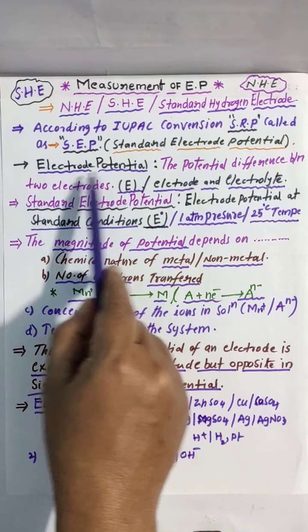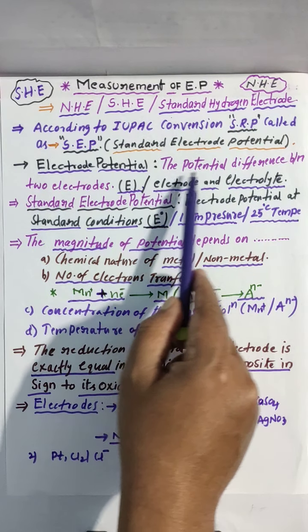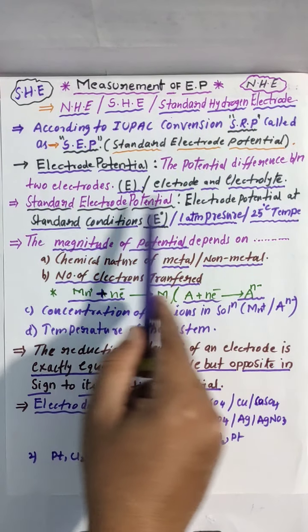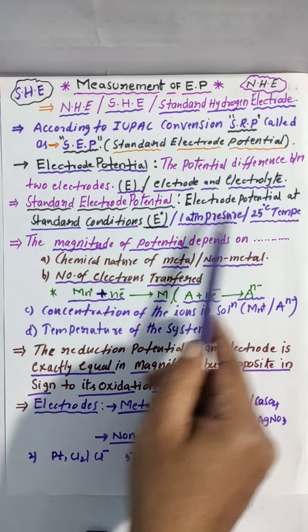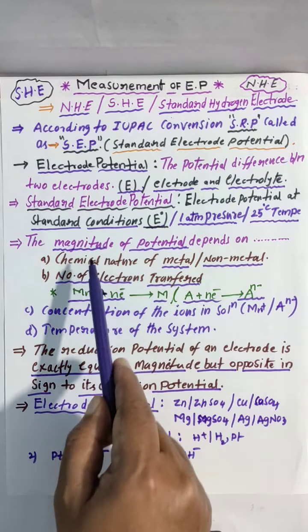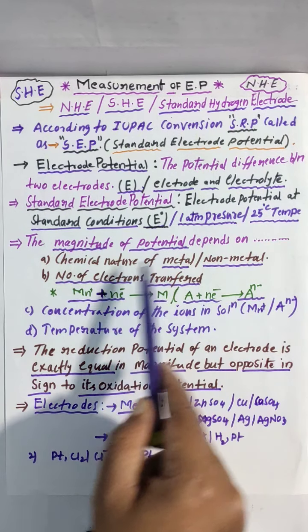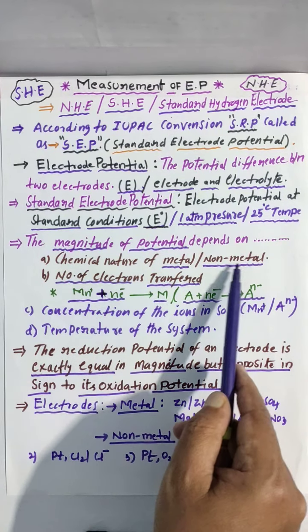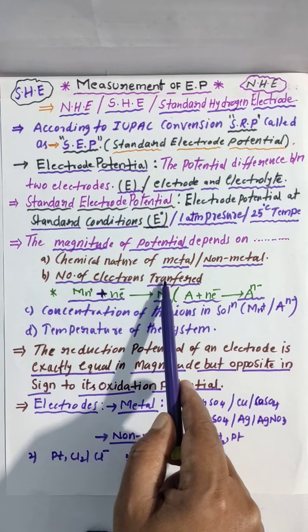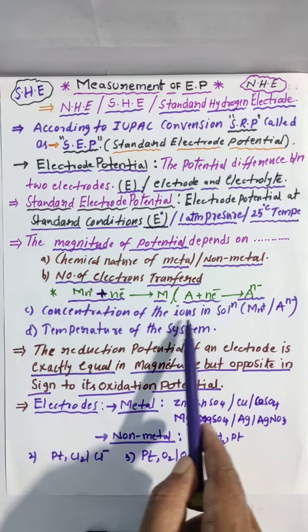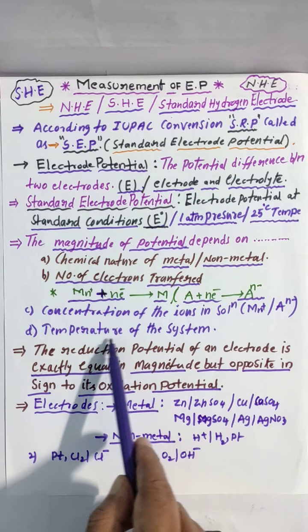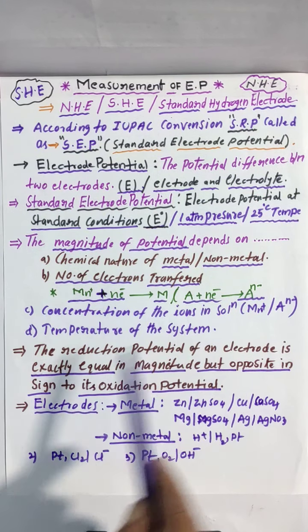So electrode potential is the potential difference between anode and cathode. Standard electrode potential is at standard condition, and the magnitude depends on the chemical nature of metal and non-metal, number of electrons transferred, concentration of ions, and temperature.